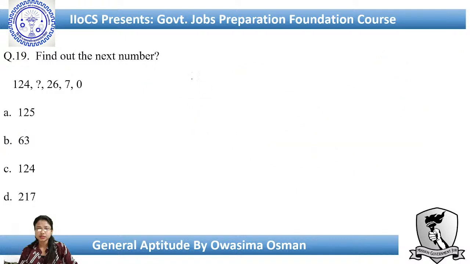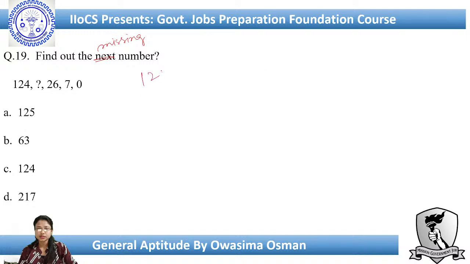Next, find out the missing number. This will not be the next number, this will be the missing number. Here is the series: 124, the missing number, 26, 7 and 0.